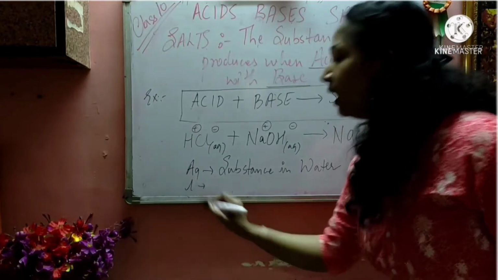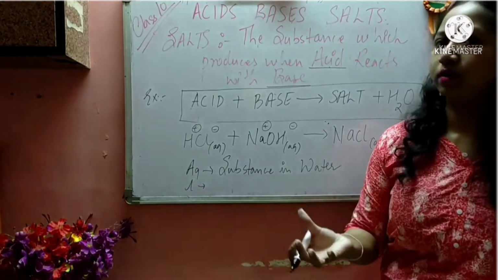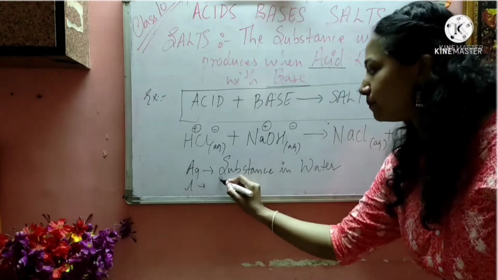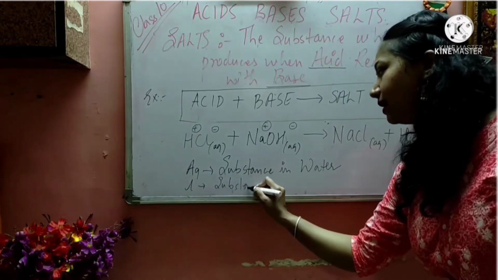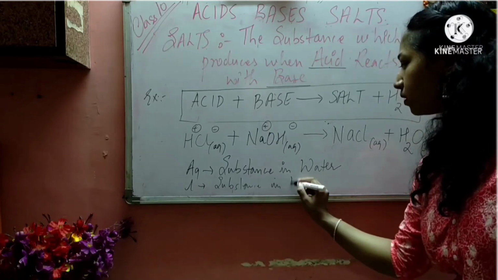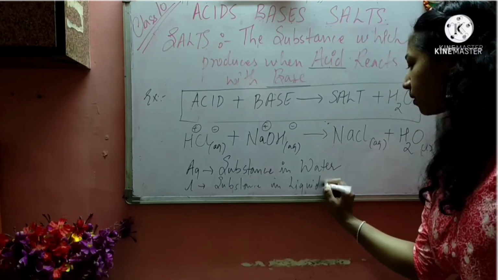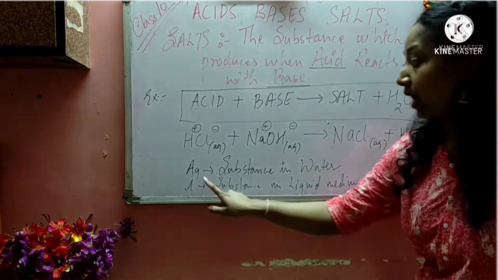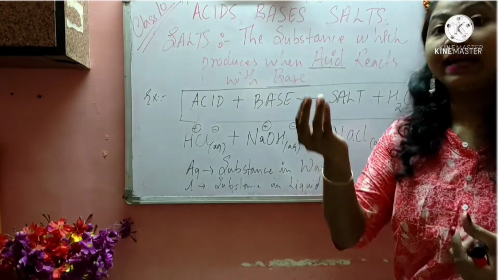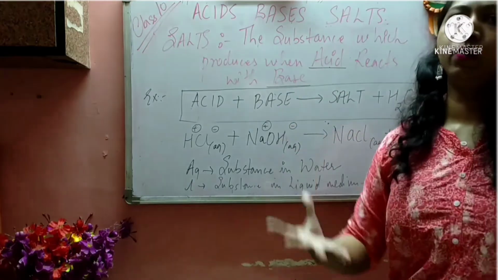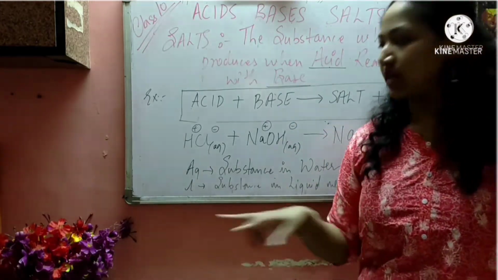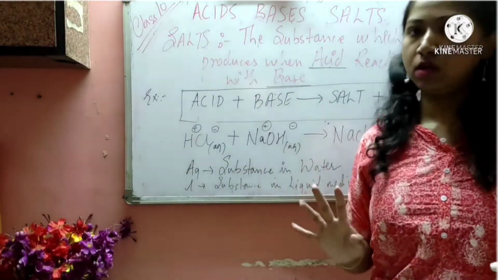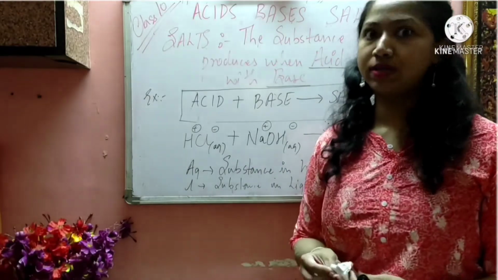Whereas if there is an L symbol, L basically stands for liquid. That means whatever substance is there, it is in a liquid state. So aqueous means, for example, HCl dissolved in water, and liquid means that particular substance is only in a liquid state. This is the difference between aqueous and liquid.